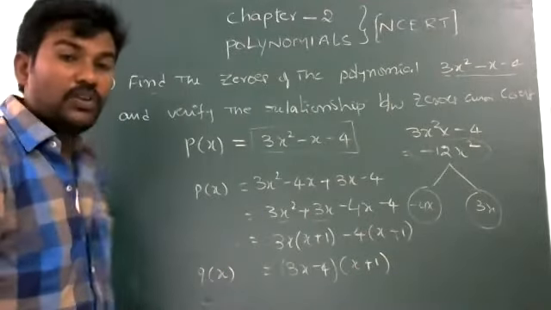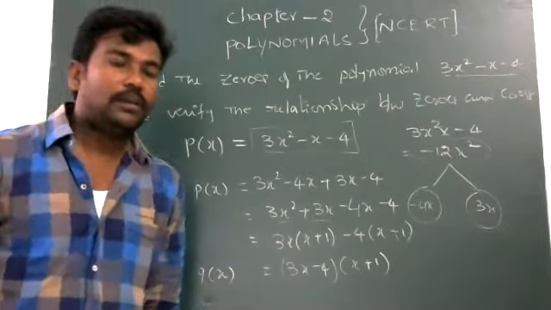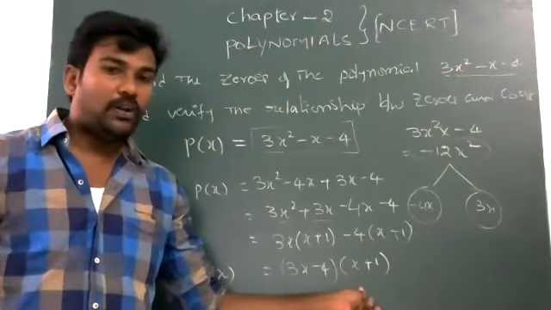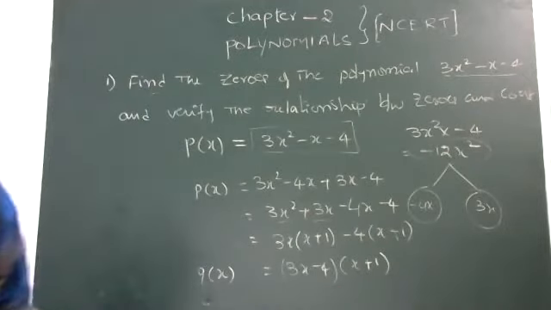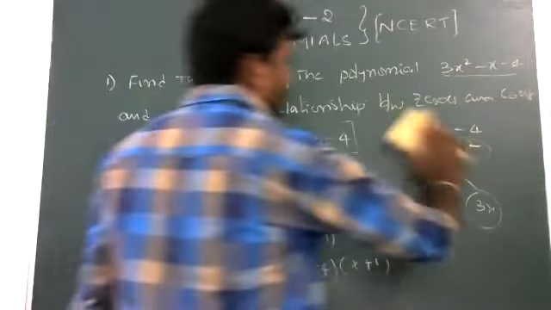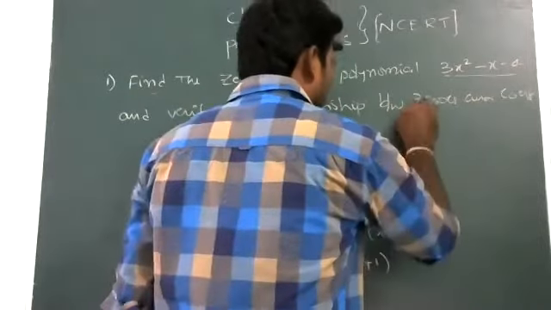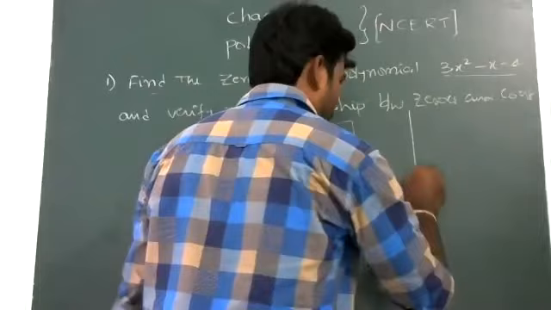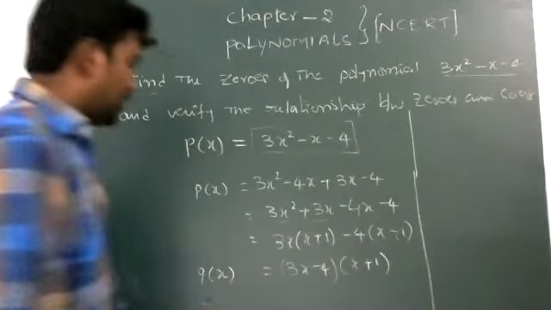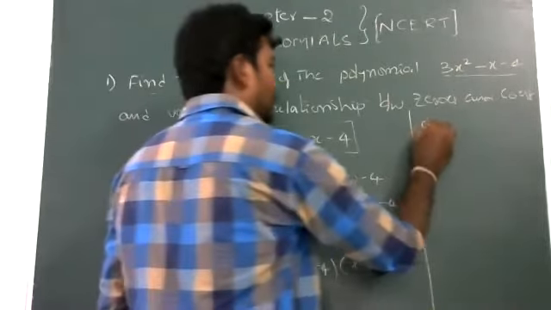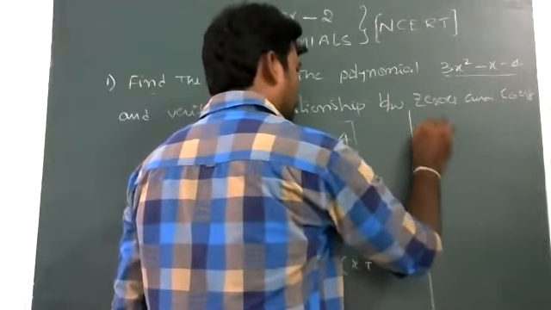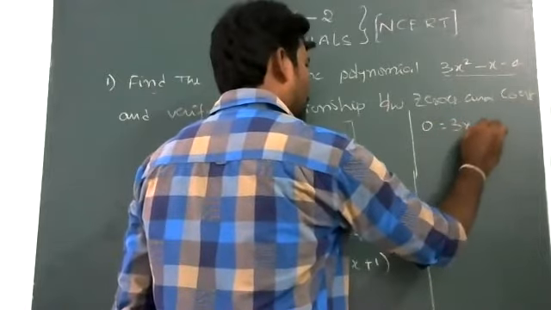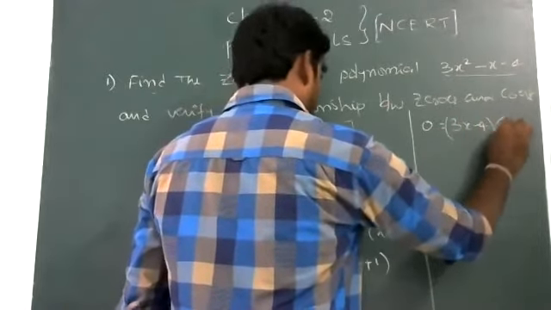So what is meant by zero of the polynomial? Find the zeros of the polynomial means p of x equals 0. Now here you can see 0 equals p of x, 0 equals 3x minus 4 and then x plus 1.